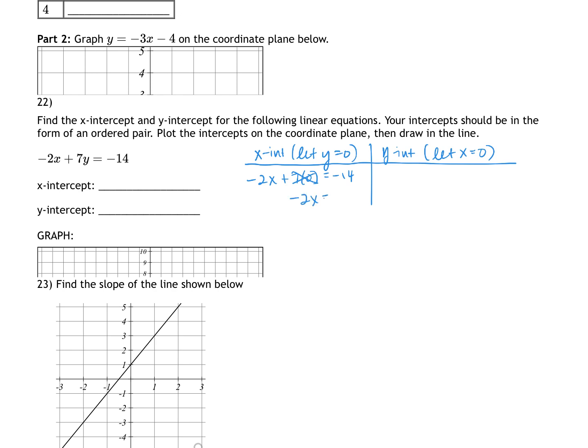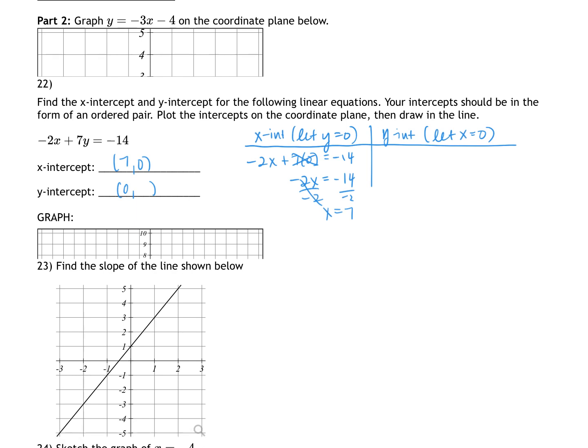So -2x equals -14. Divide by -2, so x is 7. So (7, 0) is your x-intercept. Then you would do something similar for y: plug in 0 for x, solve, and your y-intercept would be (0, whatever number you get). Then you could graph those on your graph.